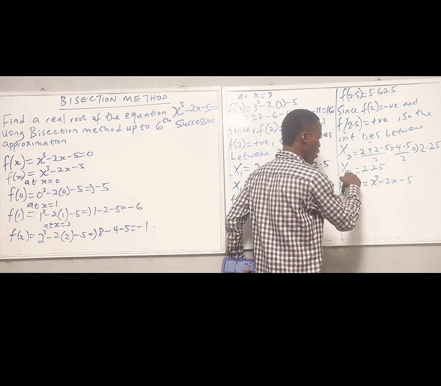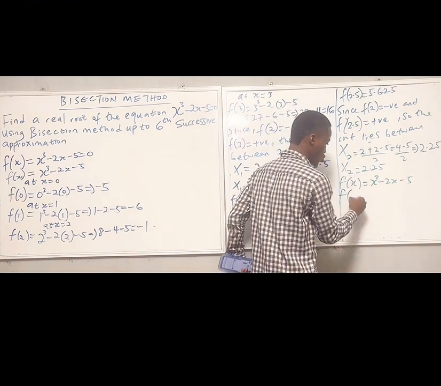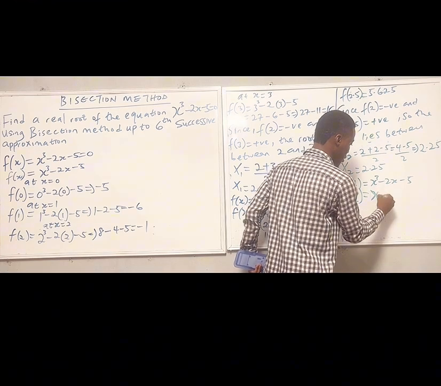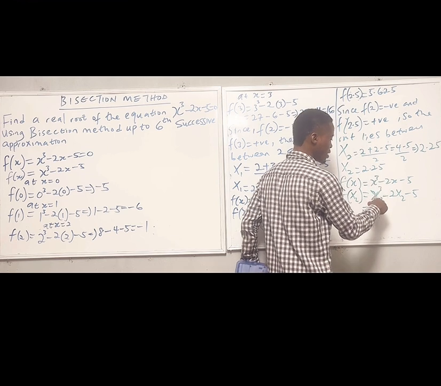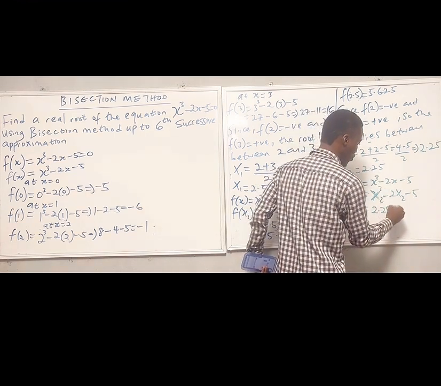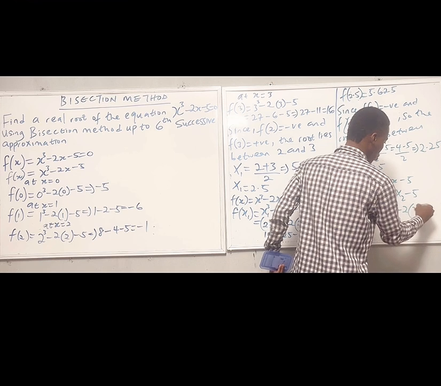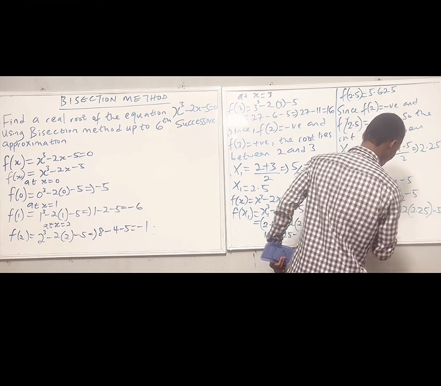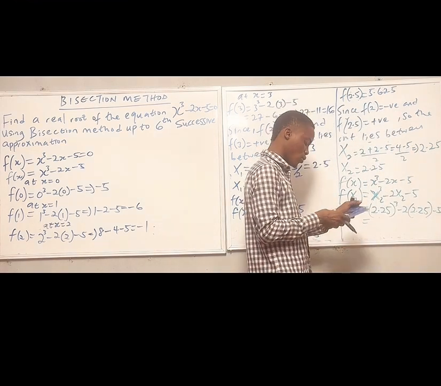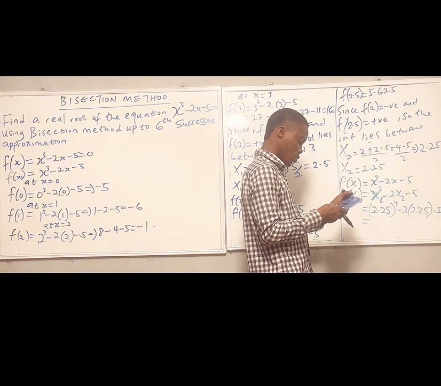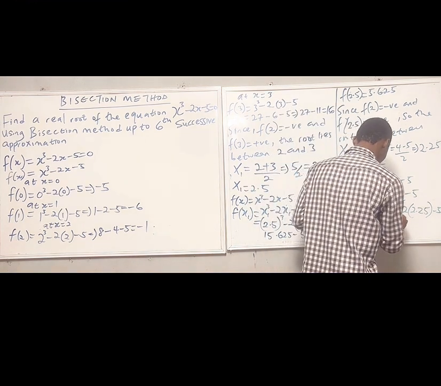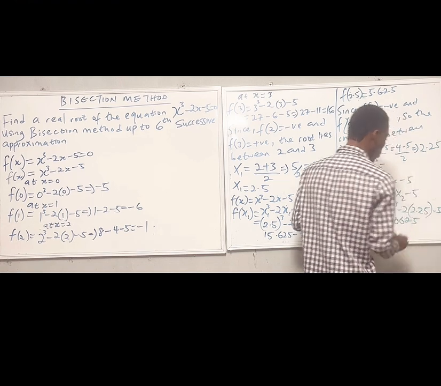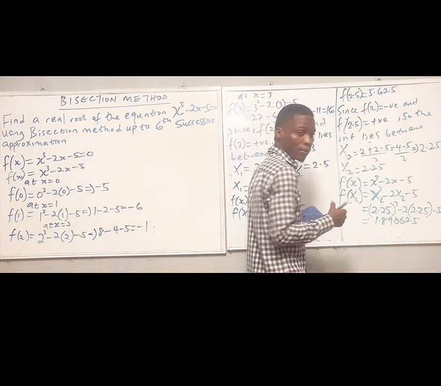Whenever I see x, I put 2.25. So 2.25 to the power of 3 minus 2 times 2.25 minus 5. If I solve this, I have 1.890625.